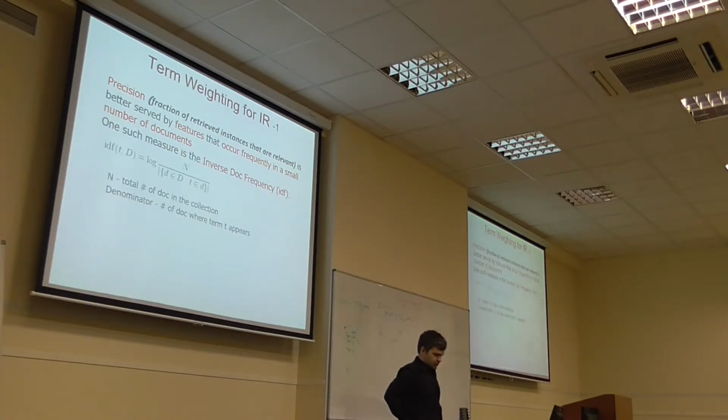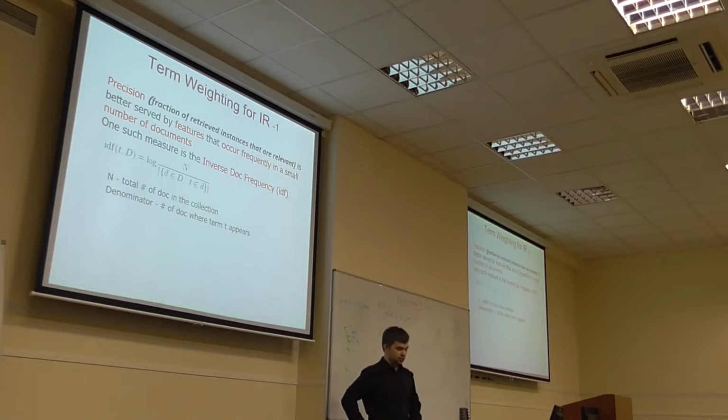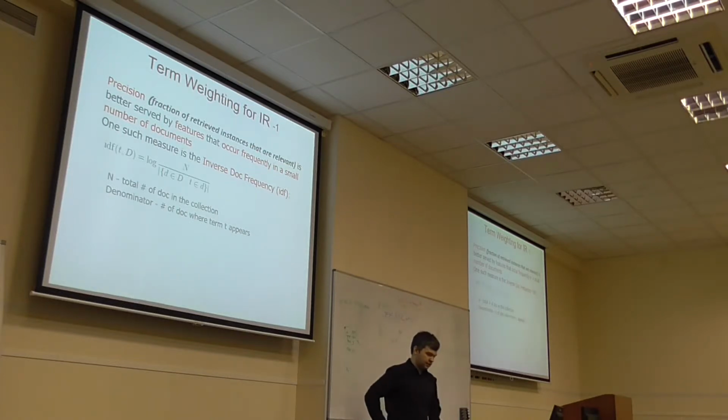We can leverage this by using the inverse document frequency, so-called IDF. How many of you know what IDF is? It's actually inverse document frequency. At the top we have the total number of documents in the collection, and at the bottom we have the total number of documents in which this term appears.